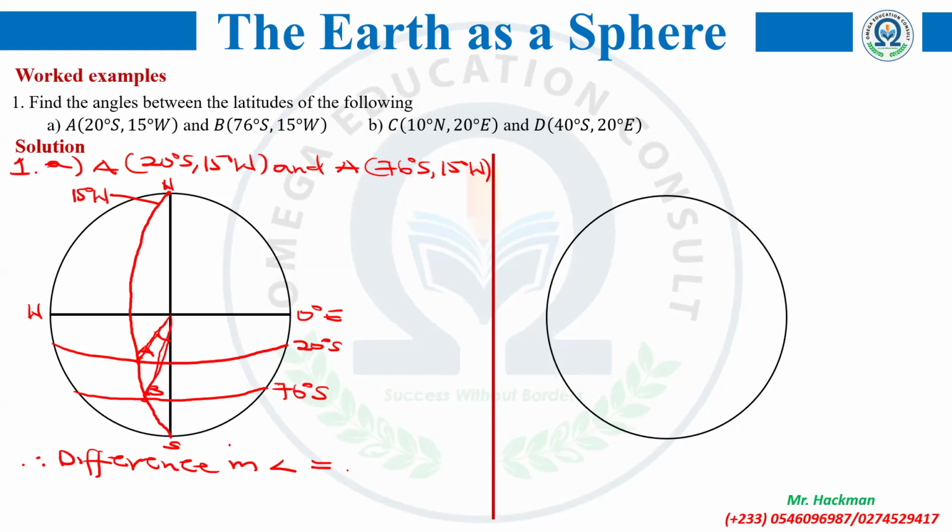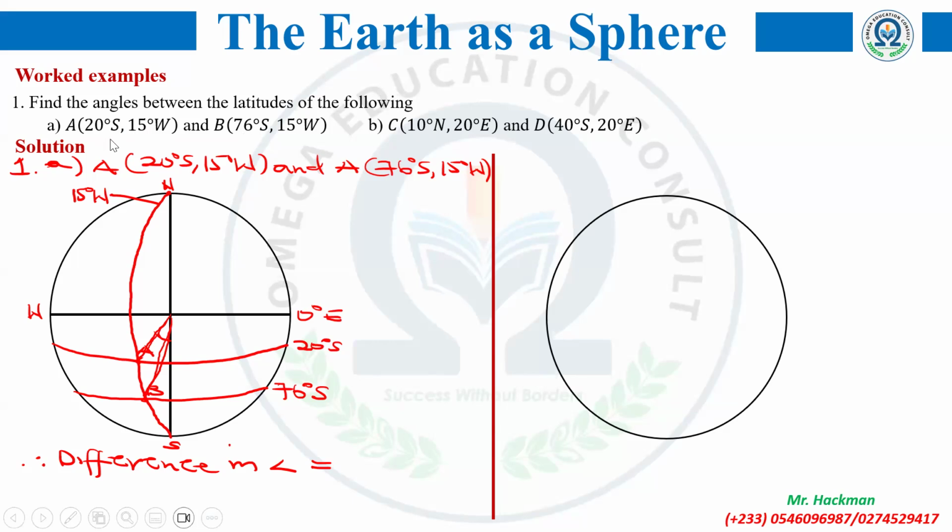It will be equal to, remember we said once the longitudes are the same, we have to use the latitude to determine the difference in angle. But with the latitude we are using, we have to consider the direction. The direction will tell us whether we are supposed to add or subtract to find the difference. If you look at the latitude, this is south, this is also south.